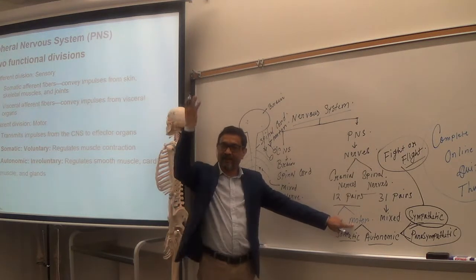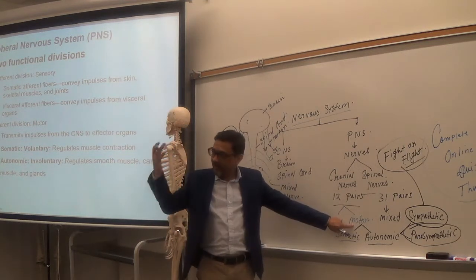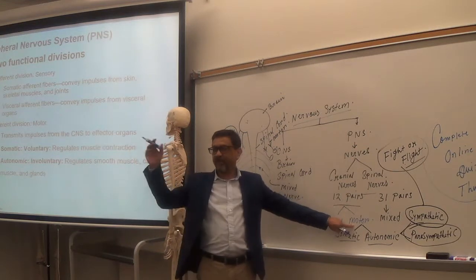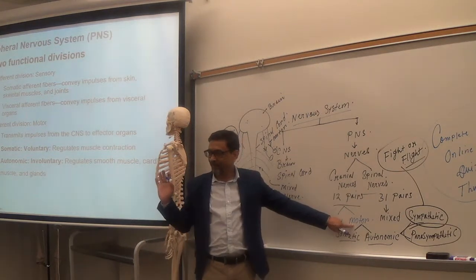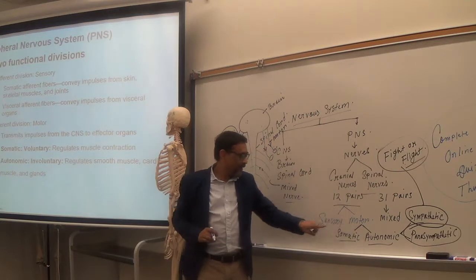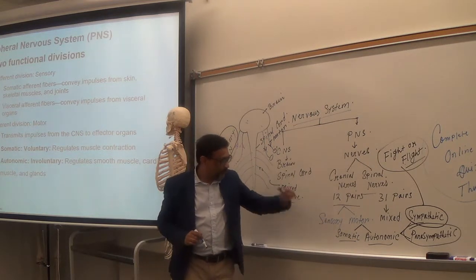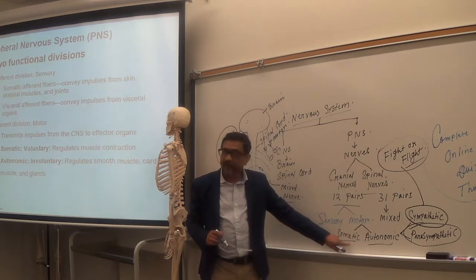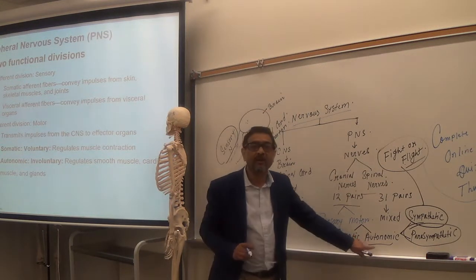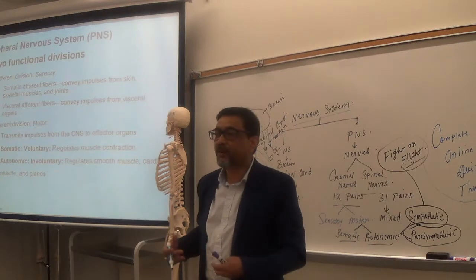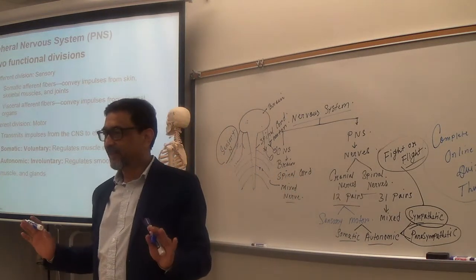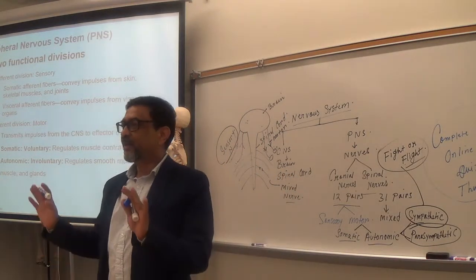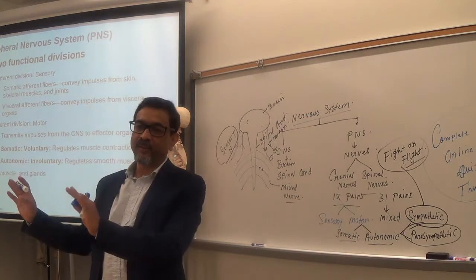Afferent, arriving, okay? And motor are also called what? Efferent, exiting. Is it clear? Starts with E. Okay. Now, motor could be voluntary or somatic, and involuntary, right? Involuntary is also called what? Autonomic. Is it clear?